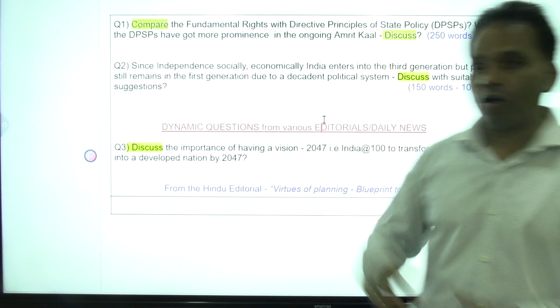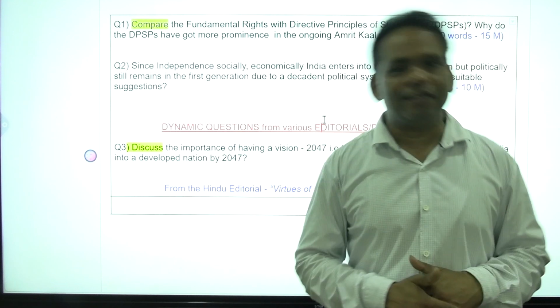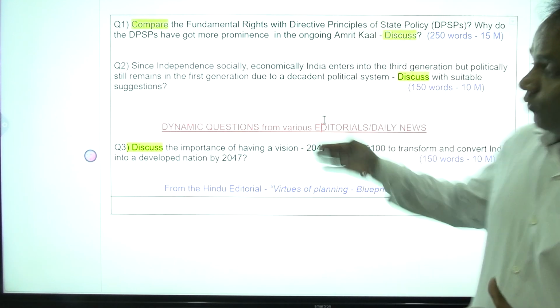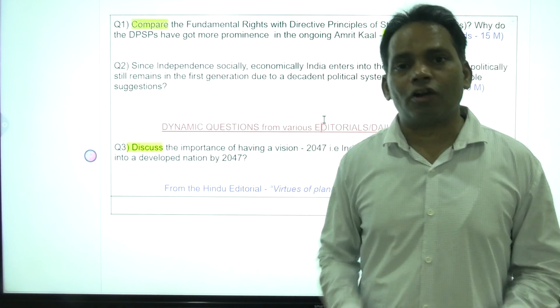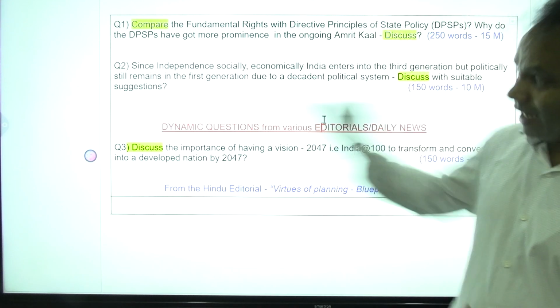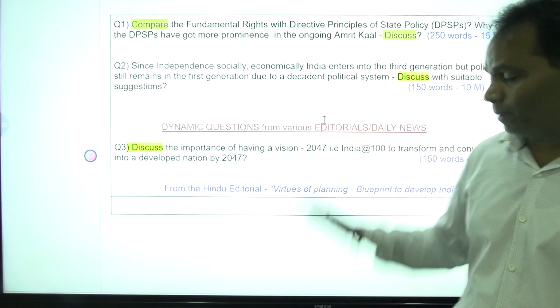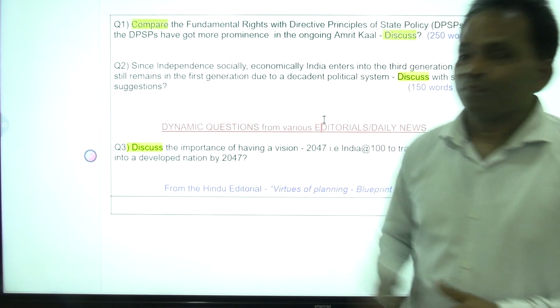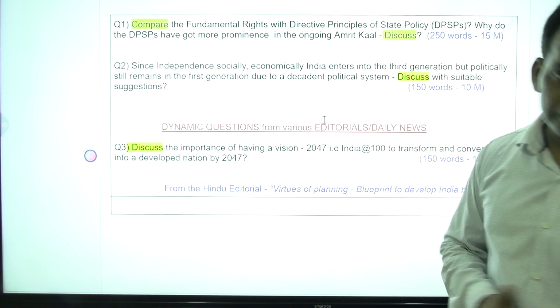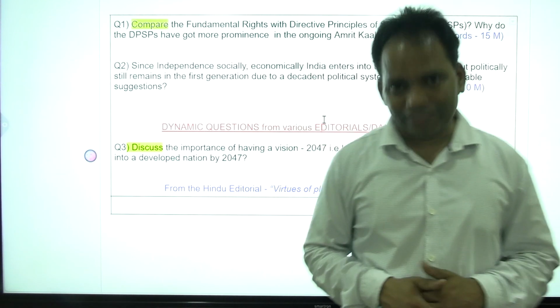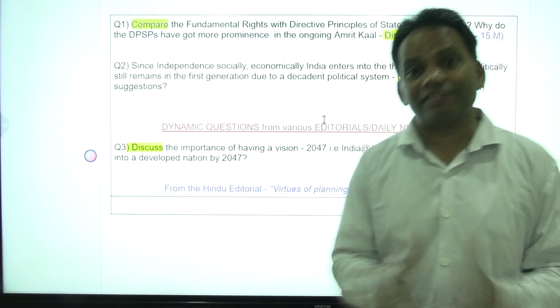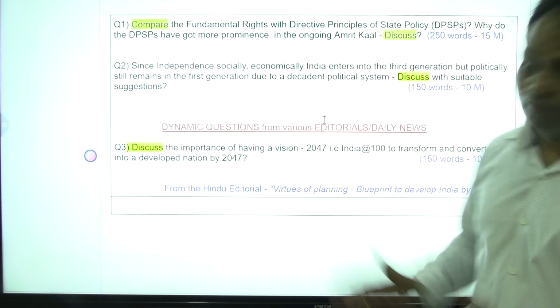Without a vision document, of course, it would be less than $30 trillion. But if you have this long-term vision document and road map, we can become a $30 trillion economy, no doubt at all. For that purpose, we need to grow at the rate of around 10%, that is, double-digit GDP growth. For that purpose, a certain plan of action is important.